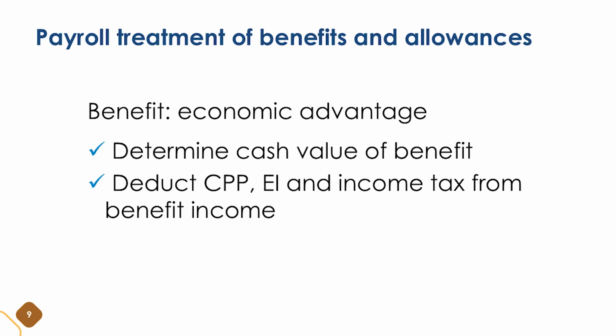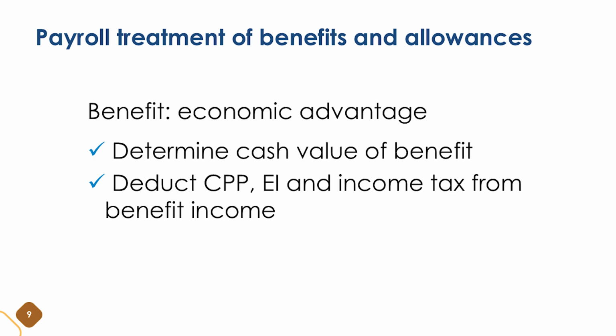Benefits may be paid in cash, such as a meal allowance, or provided as non-cash items or services, such as a parking spot. The value of any benefits or allowances you provide to an employee must generally be included in their employment income.